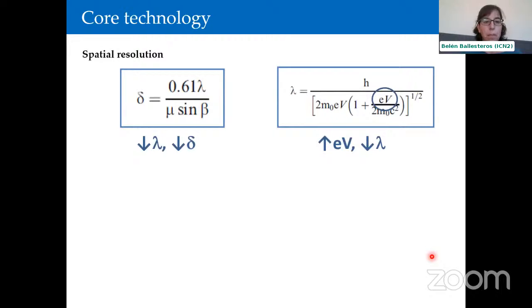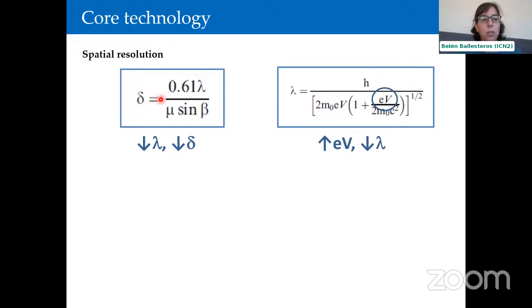Just one more thing. I was talking a bit about the spatial resolution, and that we want to improve the spatial resolution, and this means getting a smaller number. The smaller it is, the smaller the things you can distinguish when you study them in the electron microscope. So these two expressions give us the relation here.